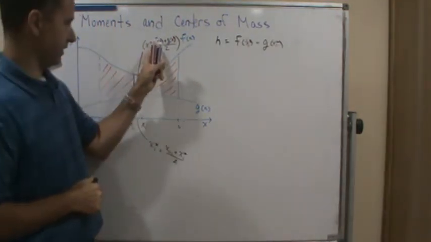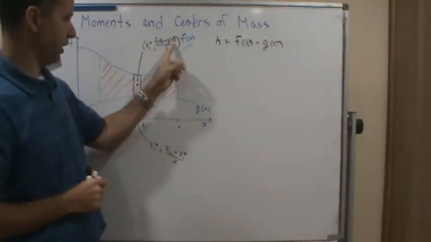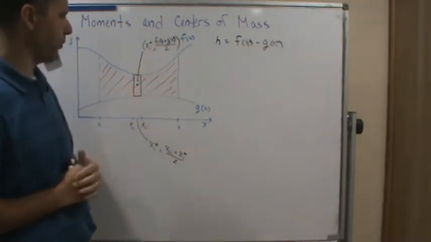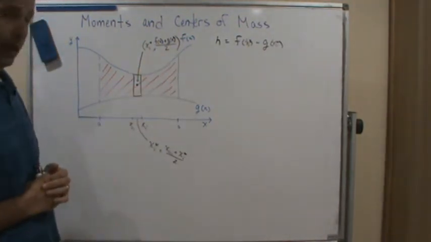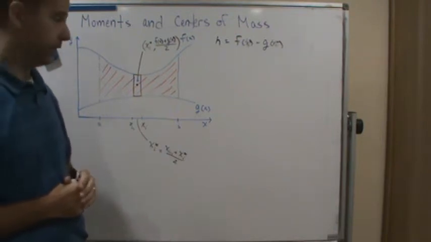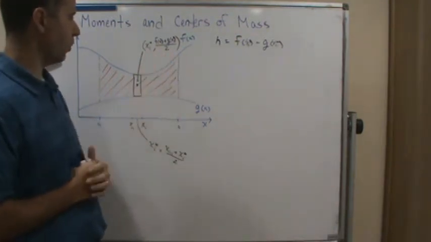So it's going to be f of x sub i star plus g of x sub i star, divided by 2. That should make sense from our previous discussion. So now this is the centroid.